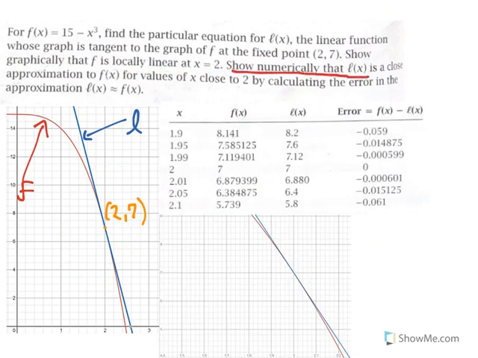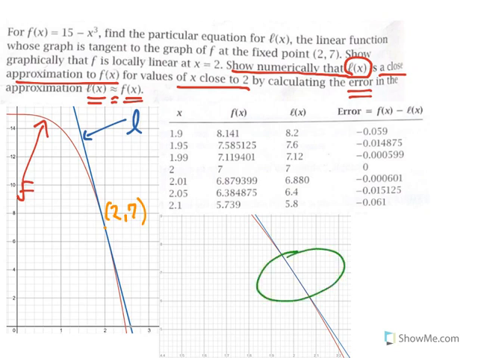Show numerically that L of x is a close approximation to f of x for values of x close to 2 by calculating the error in the approximation L of x is approximately equal to f of x. So we saw graphically that L of x is a good approximation for the function f for x values that are close to 2, as you can see here.